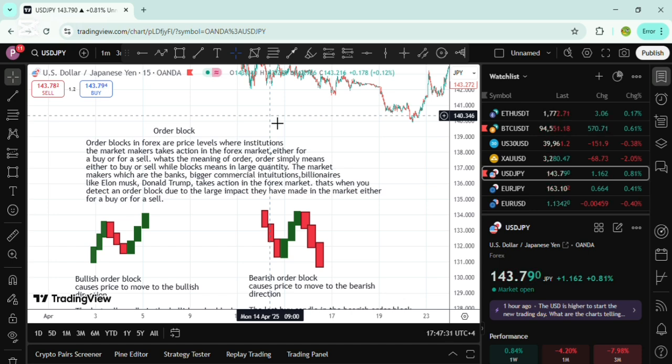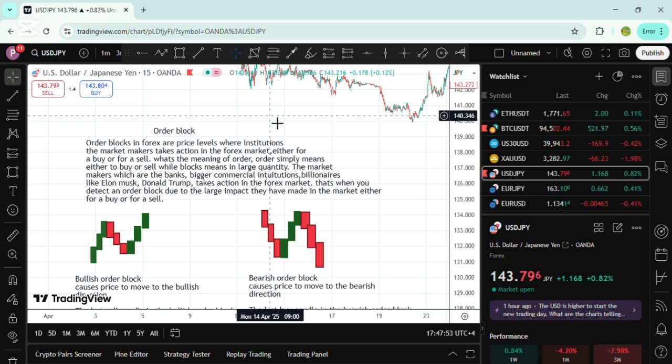The market makers, which are the banks, big commercial institutions, billionaires like Elon Musk and Donald Trump, when they take action in the forex market, that's when you detect an order block due to the large impact they have made in the forex market, either for a buy or for a sell.